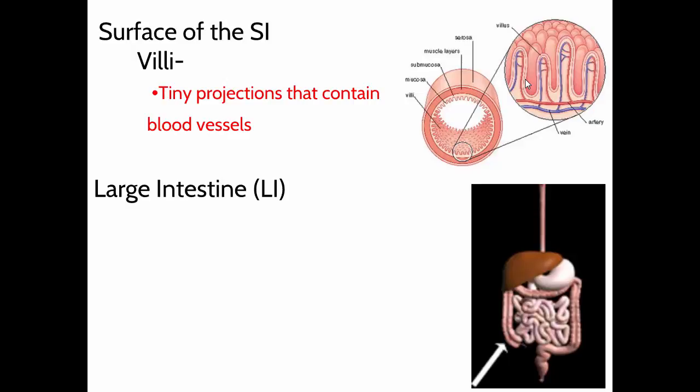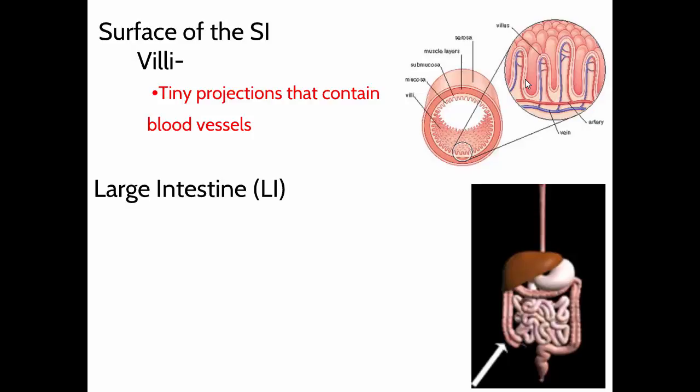What they do is increase the surface area of the small intestine, because that's where nutrients are absorbed. As this digested food is moving through the small intestine, it passes over these villi. Inside of them, what you see here, are blood vessels. This is where nutrients from the digested food diffuse into our blood through those blood vessels to be delivered throughout our body.